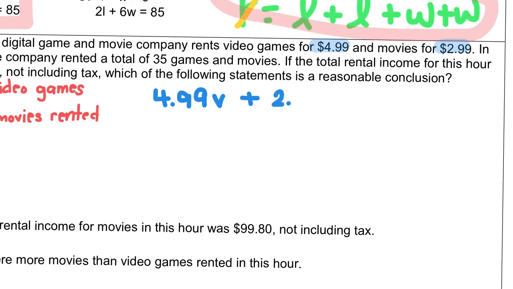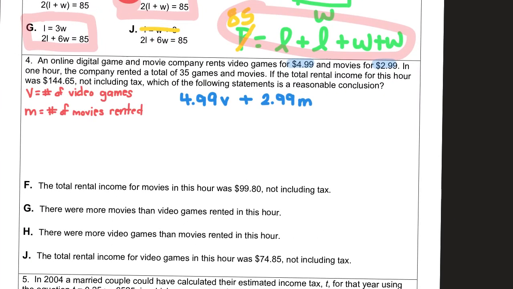Added to that would be $2.99 for each movie. Now, what's the value in our statement? The value would be $144.65. So that's our first equation.